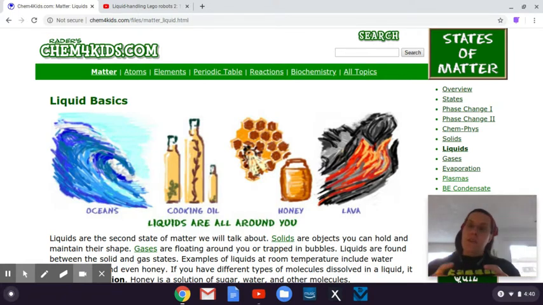Last but not least, we're going to be doing the liquid lab, which will show you the diffusion when you add things to liquids, how they diffuse into a substance. So it's the reason why we have the ability to make coffee and tea and Kool-Aid, especially Kool-Aid, because Kool-Aid is awesome. That's the reason why when you put something into water like salt, it doesn't just float on the top. It actually diffuses throughout the liquid.